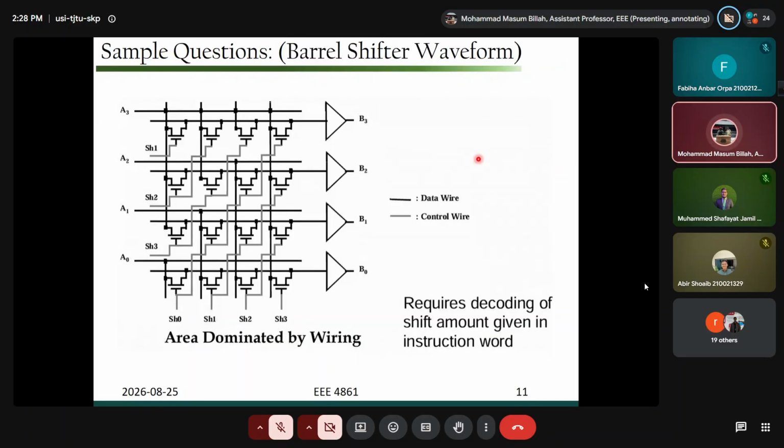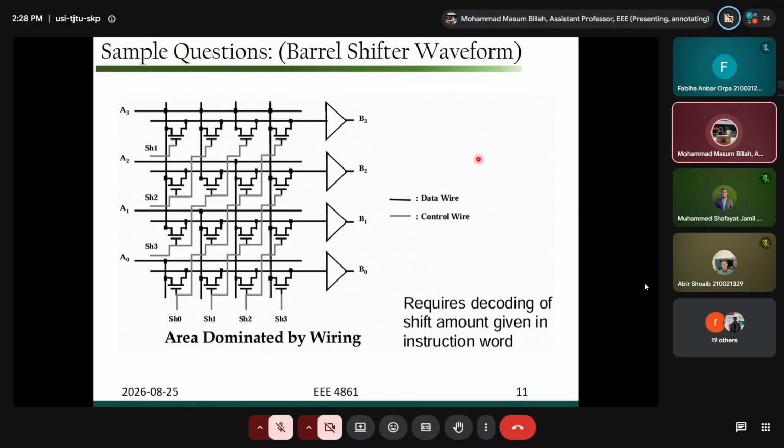All right. Then in the data path, you also know what is called barrel shifter, right? Barrel shifter, how this 4x4 transistor array, or total 16 transistor array, can control shifting the data using 4 shift commands: shift 0, shift 1, shift 2, shift 3, right? SS0 to SS3. All the commands are connected through the gate electrodes of the transistors.